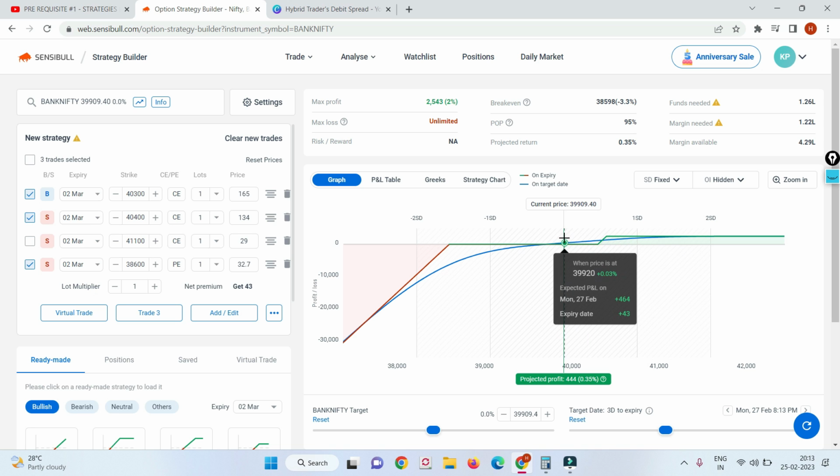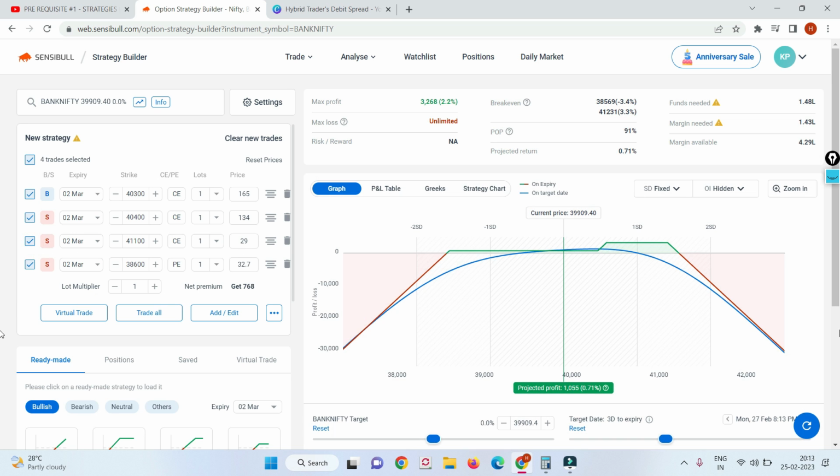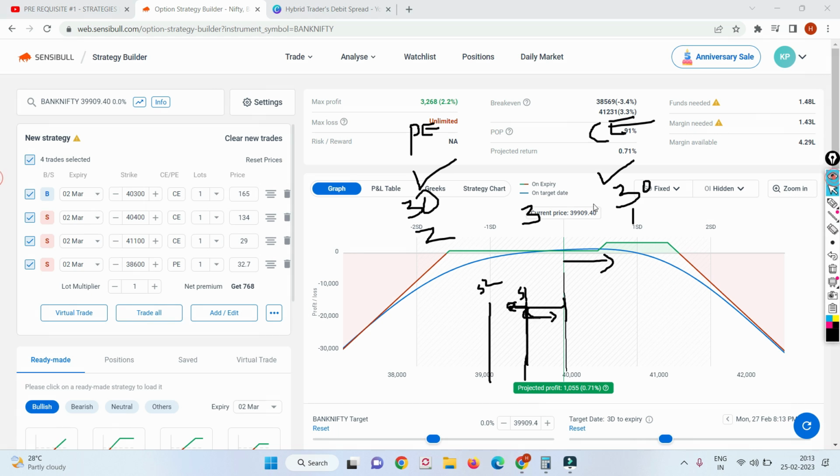If it goes upside, you will still get some good profit, and you still have a cushion of 3.3%. What if you go with these two things? If you are confused, this is the third one. I said the first option is from the call side, the second option from the put side.